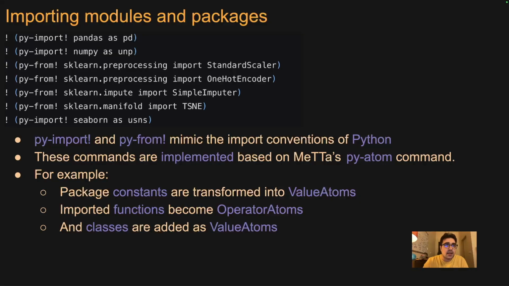For example, constants of packages are transformed into value atoms. Important functions become operator atoms, and classes are added as value atoms. And this allows us to use the functions of these packages in MeTa.